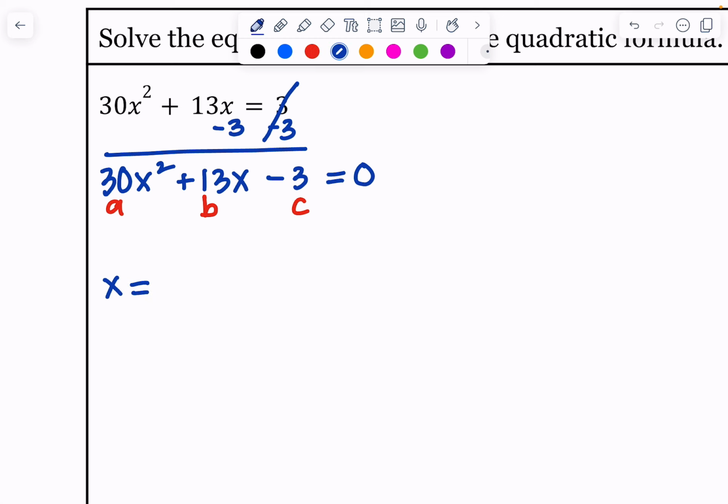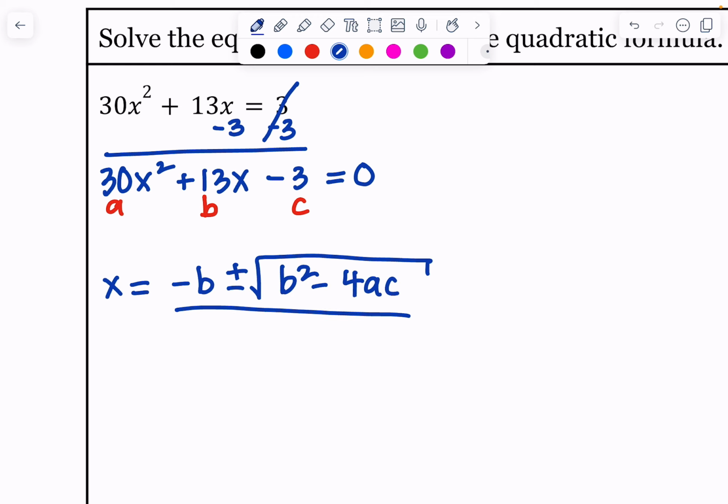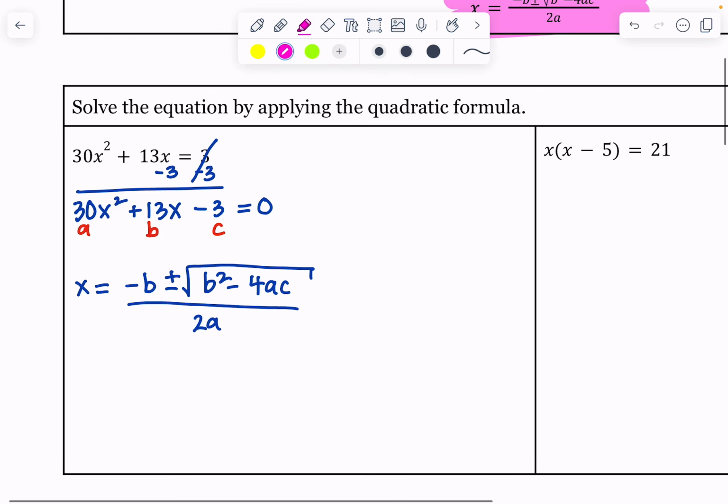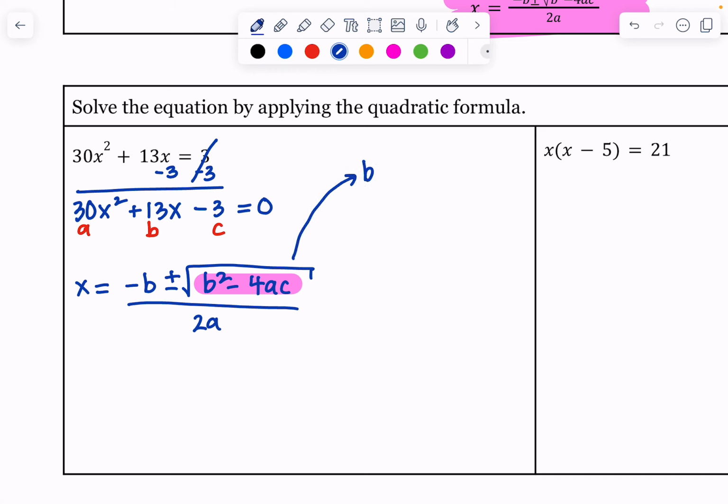So the formula is negative b plus or minus the square root of b squared minus 4ac all over 2a. And I like to do this inside part first. It's called the discriminant, just so my work doesn't get too sloppy. So I'm going to do that off to the side. B squared minus 4ac. For us, it's going to be 13 squared minus 4 times 30 times negative 3.